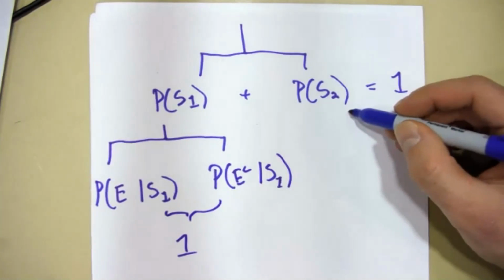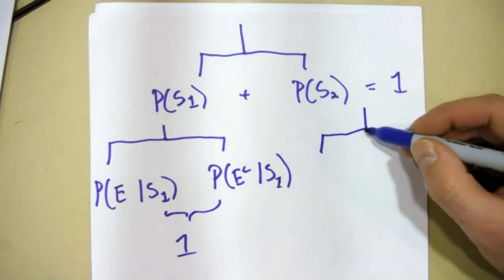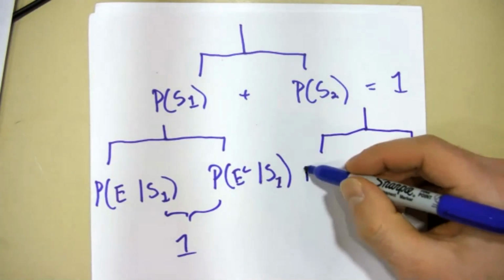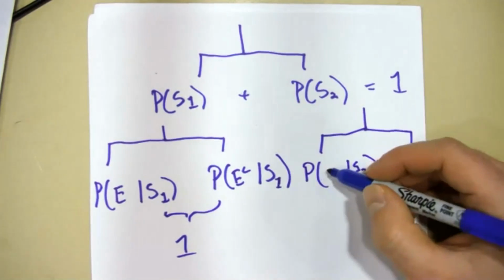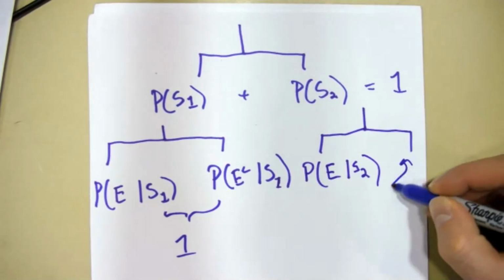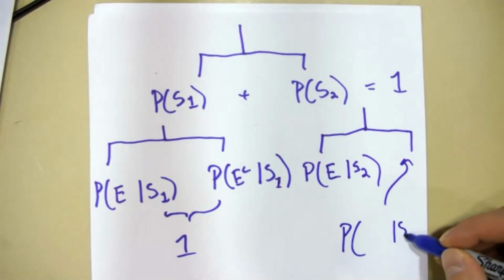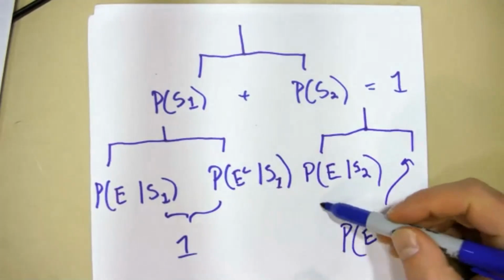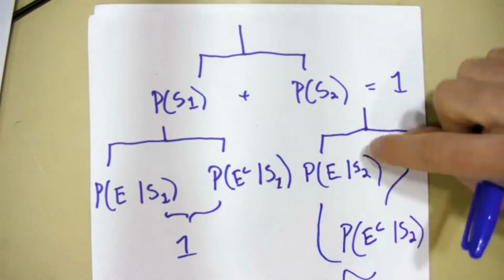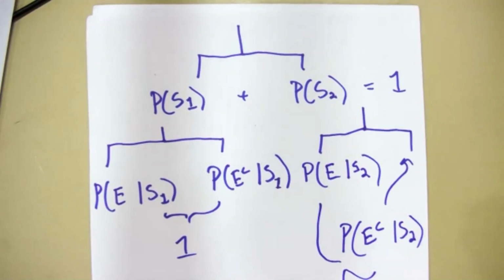And then on my other branch, I'm looking at my second state of nature. I'm kind of going to run out of room. But if I condition on that second state of nature, look at the outcome of the test, and look at the other outcome, these 2 parts of this branch have to add up to 1, right?